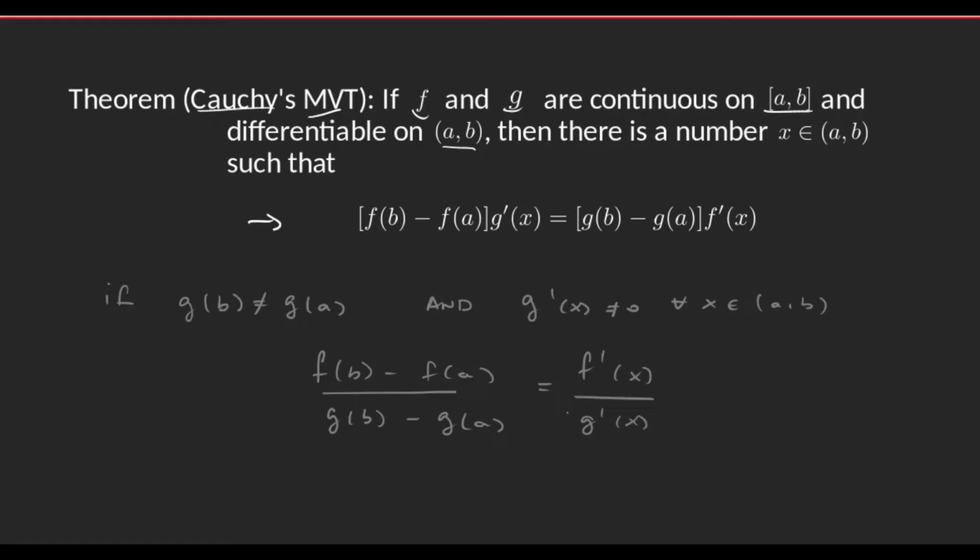And what I meant by it being a generalization of the mean value theorem is, if g of x was equal to x, then g in b and g in a would be b and a, and g prime would be 1. So this gives us the mean value theorem.